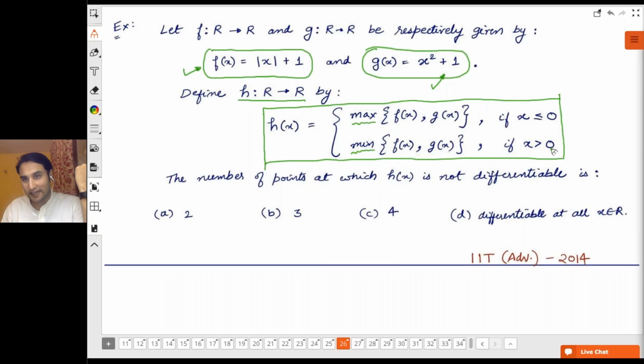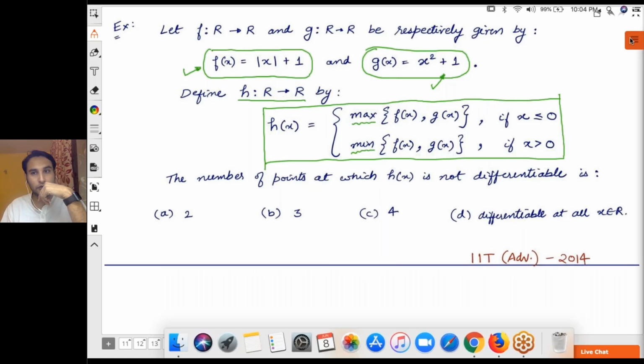So for x greater than 0, take the lower graph between the two. For x less than 0, take the upper graph between the two. That's it. See if you guys can do it or not. I'll run the poll for it. Let's see how many of you can do it.